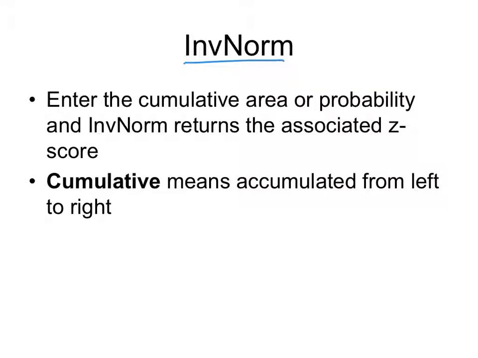The difference between using inverse norm and normal CDF is that with inverse norm, you only have to type in one number. And the number you type in is the area that is to the left of whatever z-score you're looking for. So you're going to be given an area, and you're looking for a z-score. Let's look at a problem.